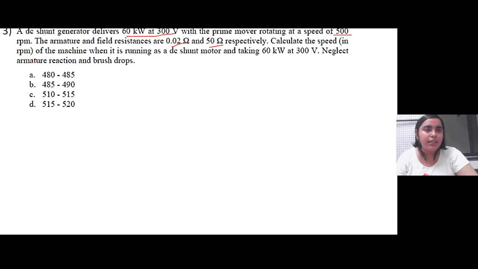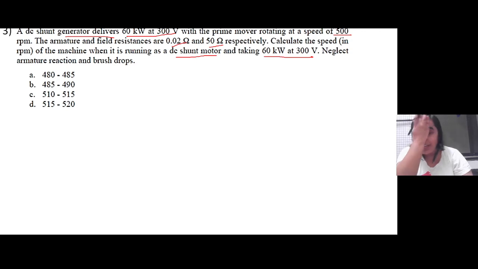Initially the machine was running as a generator delivering power, and the same machine is now running as a DC shunt motor taking a load of 60 kilowatt at 300 volt. We are neglecting the armature reaction and the brush drops.